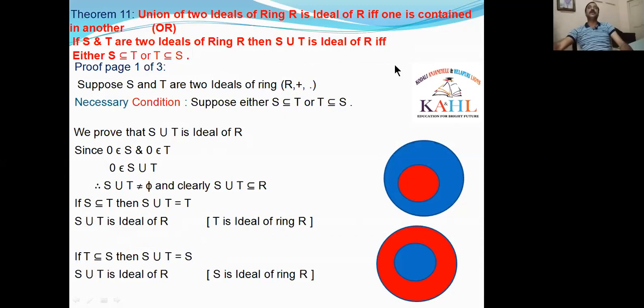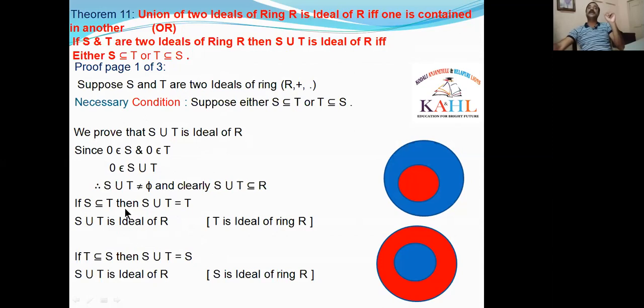We have proven this theorem previously for subrings. The necessary condition proof is the same as in the subrings proof. You can write the same proof by replacing subring with ideal.